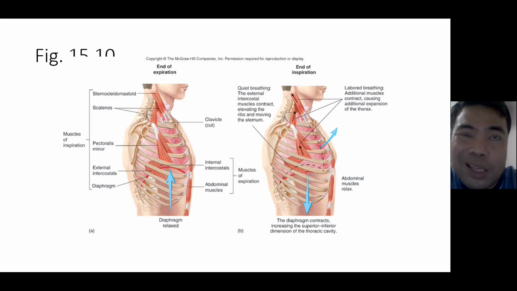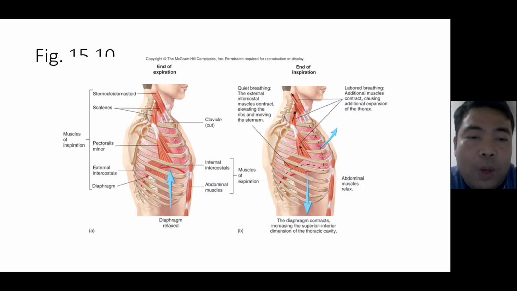Kasi madalas nahihirapan silang huminga. At mapapansin mo rin, medyo mataas yung balikat nila, di ba? Again, because of the frequent use of pectoralis minor, for labored breathing.